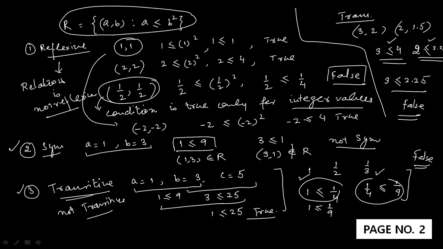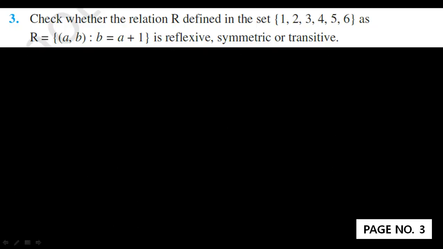Okay. What about the next question? This one is the third question. Check whether the relation R defined in the set 1, 2, 3, 4, 5, 6. Now, this one is the set 1, 2, 3, 4, 5 and 6. These are the elements.